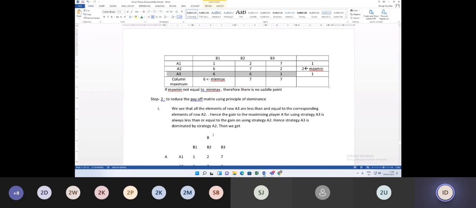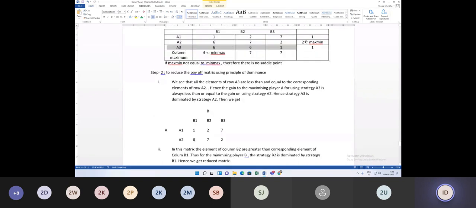Similarly, look at the columns. Is the first column less than or equal to the second column? Very simple.